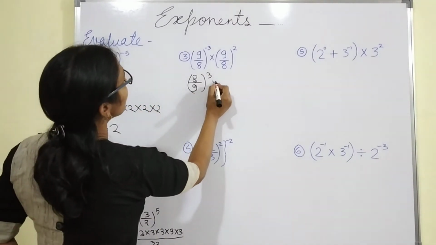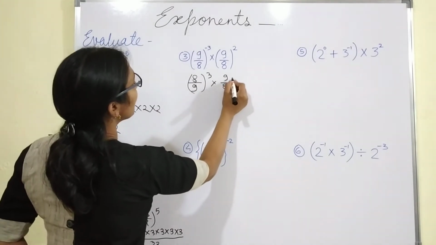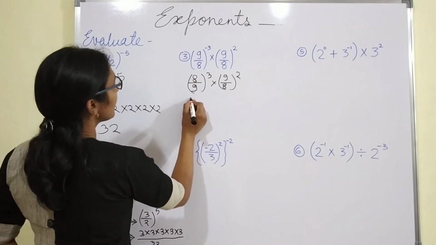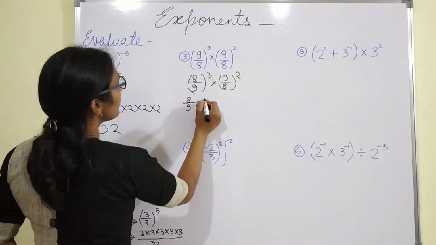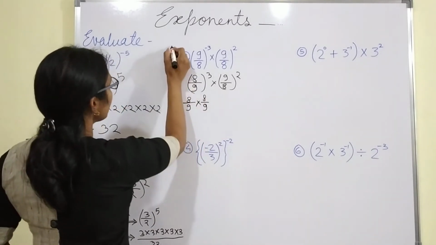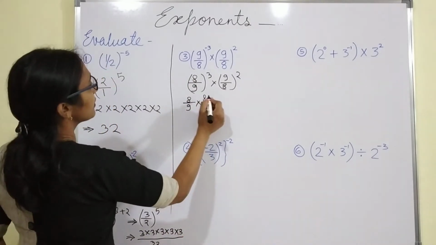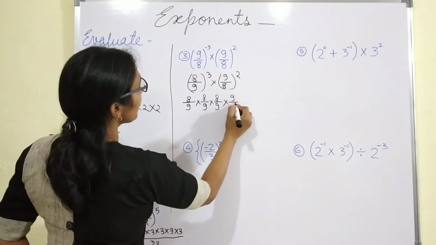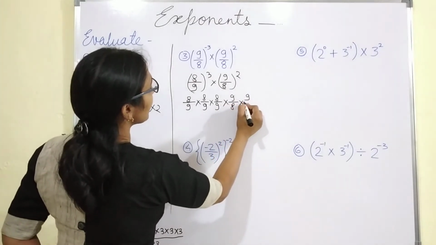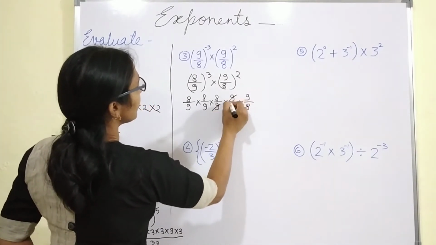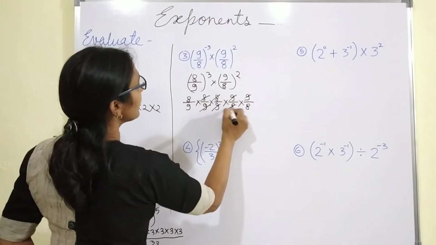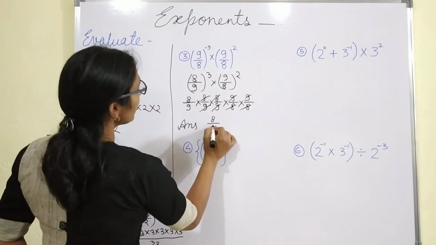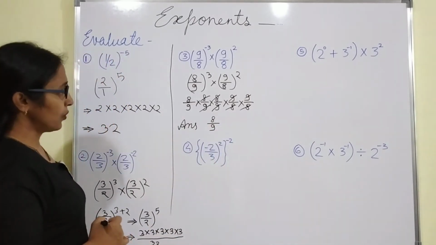Now, 8 upon 9 into 8 upon 9 into 8 upon 9 into 9 upon 8 into 9 upon 8. The 9s and 8s cancel. So your answer is 8 upon 9.